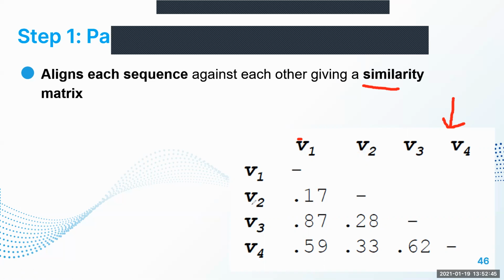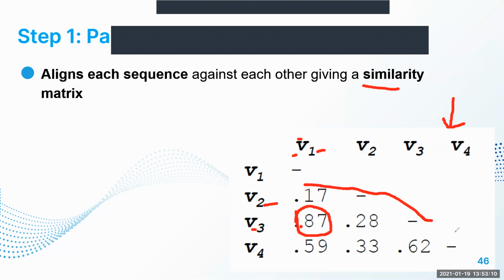If you consider v2 with v1, it has a 0.17 value, so it's a very low value. Then if you consider v3 versus v1, it has 0.87, like that. So this shows basically how similar these sequences are.